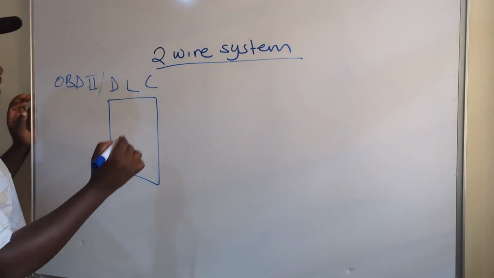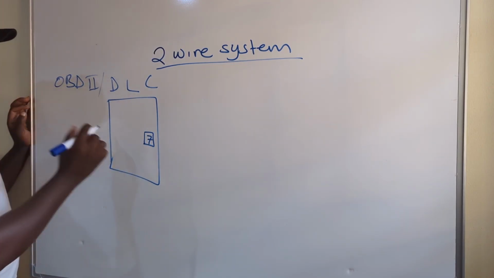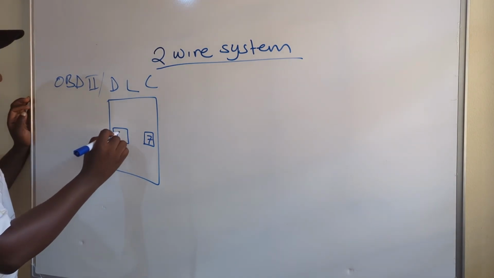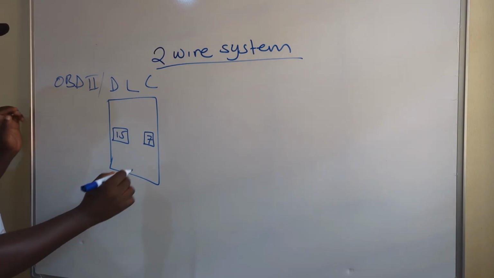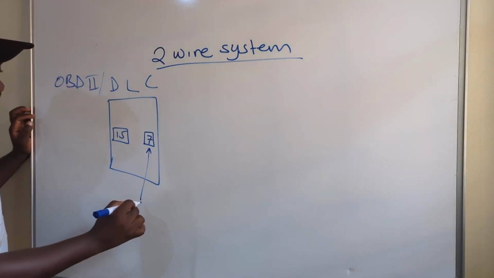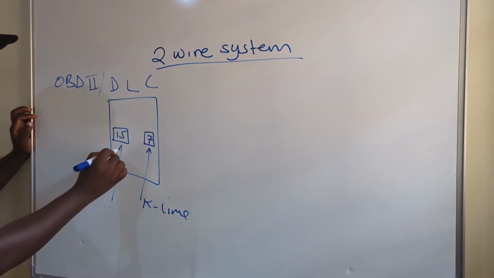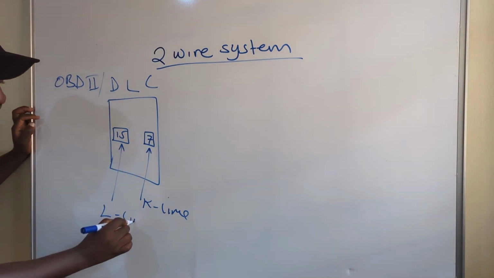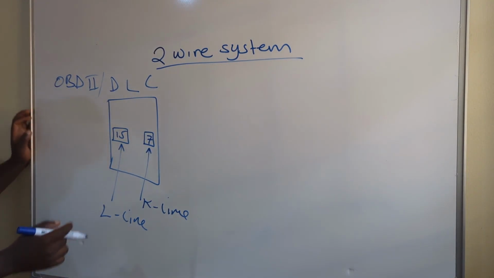And my focus here will be on pin 7 and pin 15. Now pin 7 is for the K line, and pin 15 is for the L line.